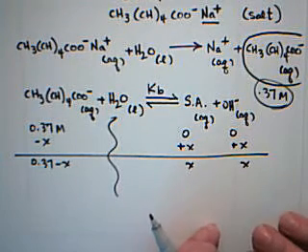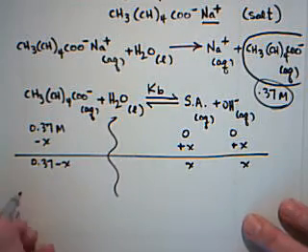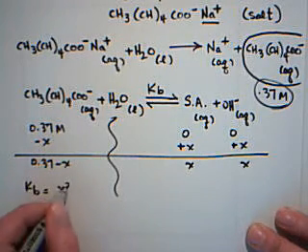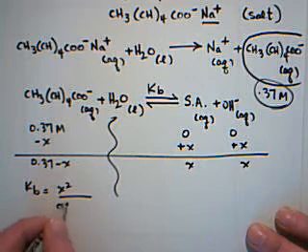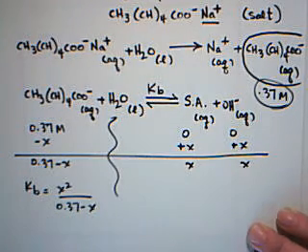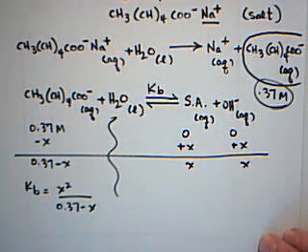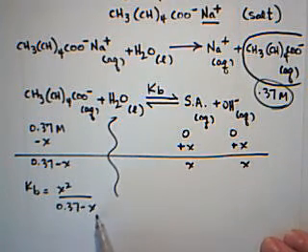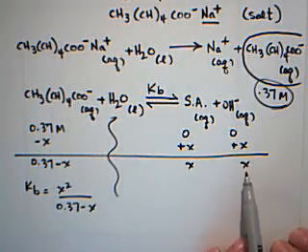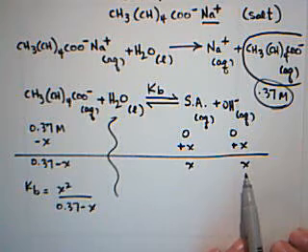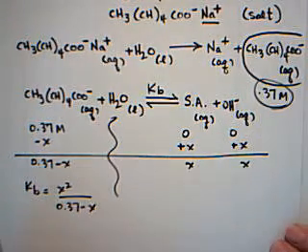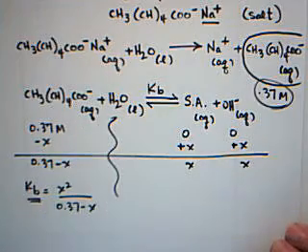We have a pKa, but we need a Kb. So Kb is equal to X squared over 0.37 minus X. We want to know what the pH is, so we really want to find out X, and then X will be the concentration of OH minus, then we can get a pOH, and then from that we can get a pH. But we have to fill in the value for Kb.